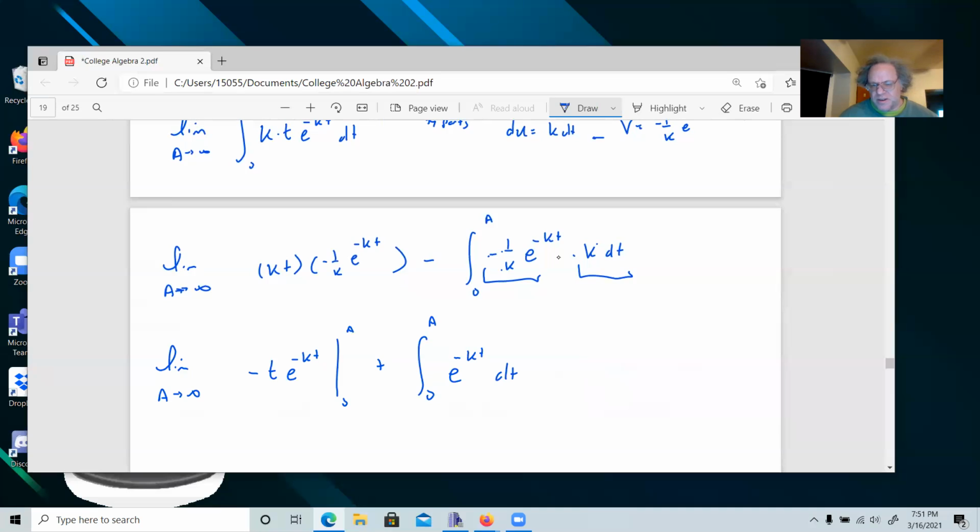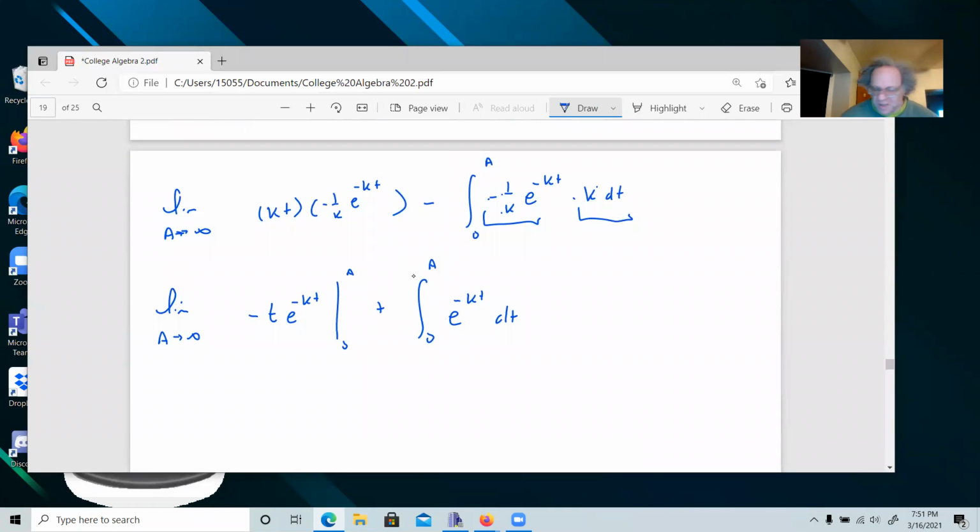That canceled off, and that's all we have left. So one more time, let's integrate this now because we can integrate this. As a matter of fact, we already have. So negative t e to the negative kt, 0 to a, plus negative 1 over k e to the negative kt from 0 to a. Everything's good so far.